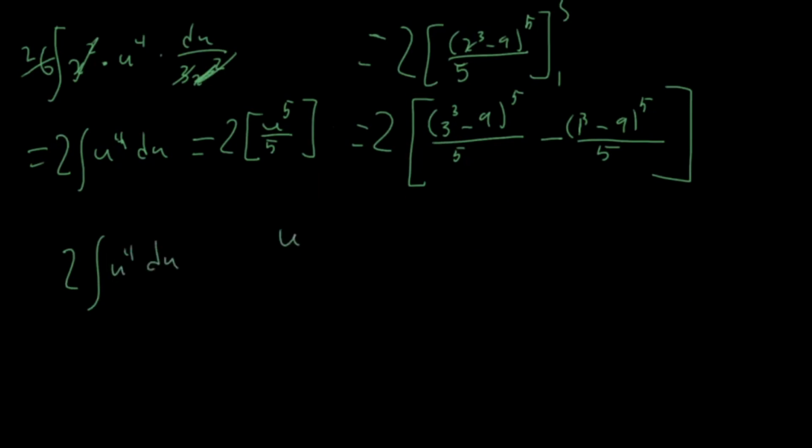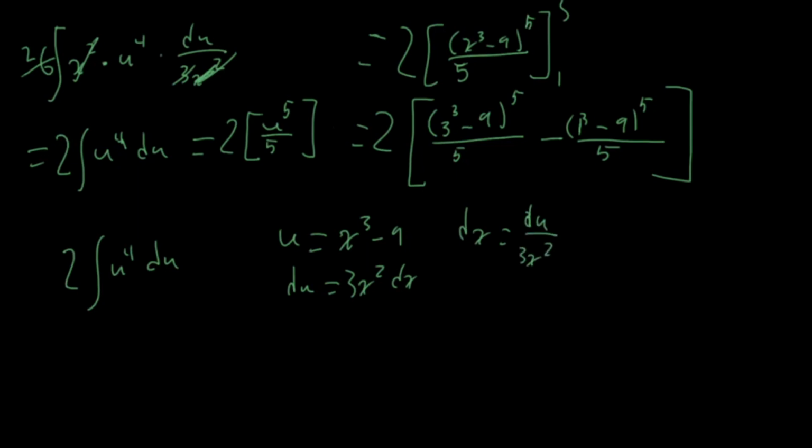And I'm just going to remind ourselves what our u values were. So our u was x to the 3rd minus 9. Du was 3x squared dx. And dx was just du over 3x squared.